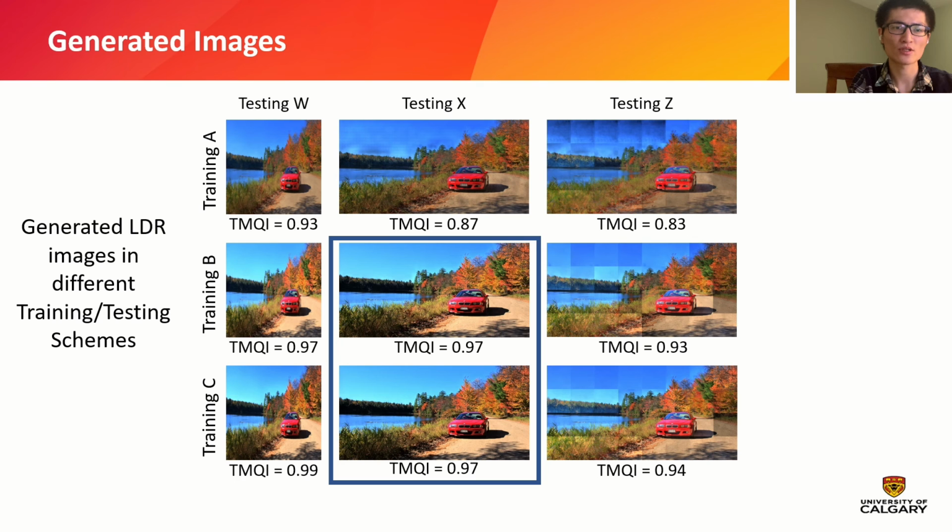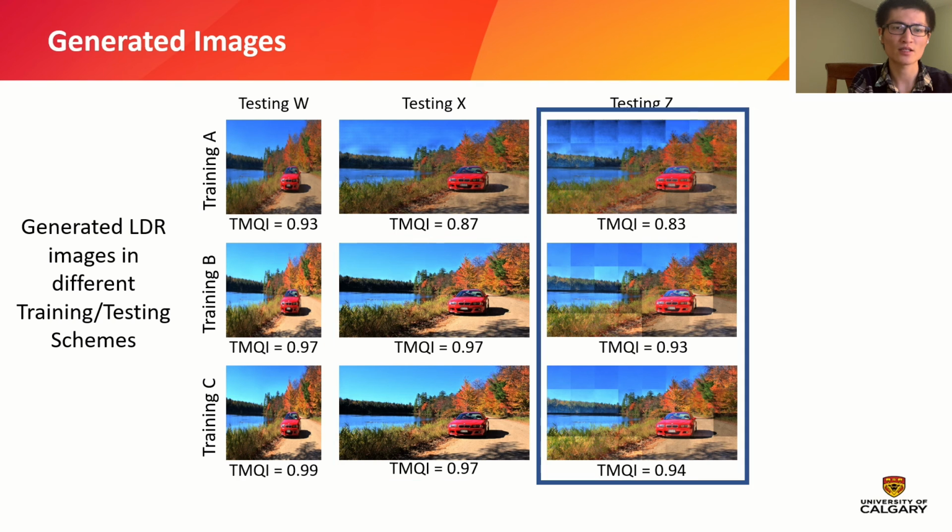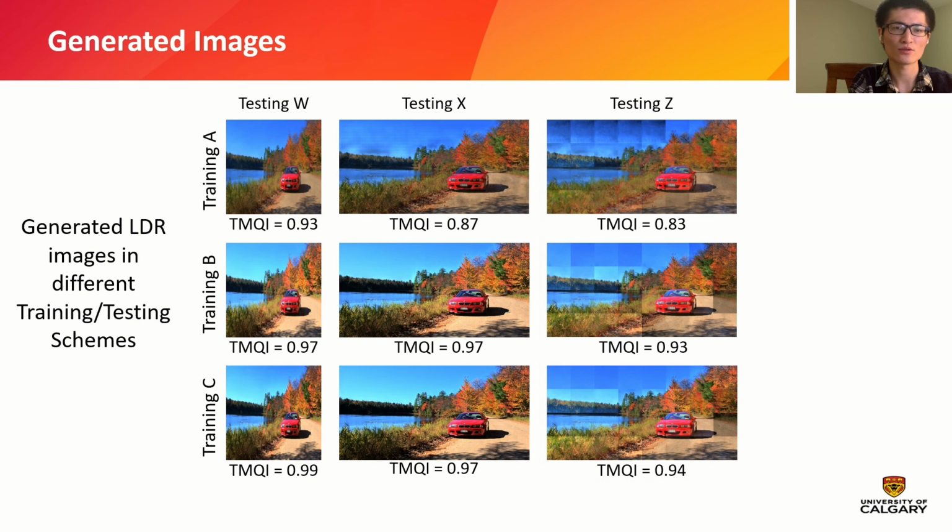The LDR images of testing scheme Z show concatenated edges because cropping a complete image into pieces and generating their tone-mapped LDR images individually break the initial connections between these pieces. Because of the above analysis, we decided to use training scheme C to train adTMO, use testing scheme W to generate low-resolution LDR images, and use testing scheme X to generate high-resolution LDR images.